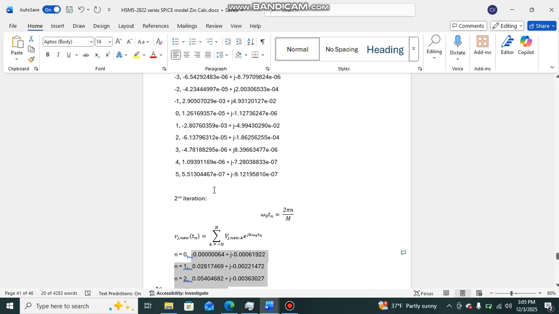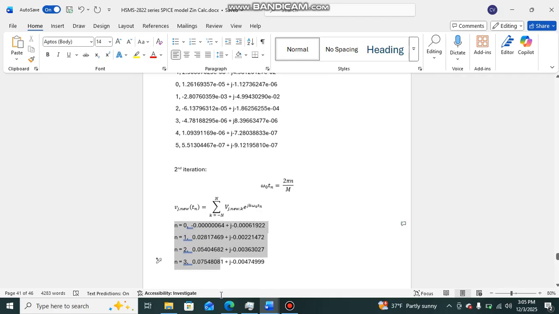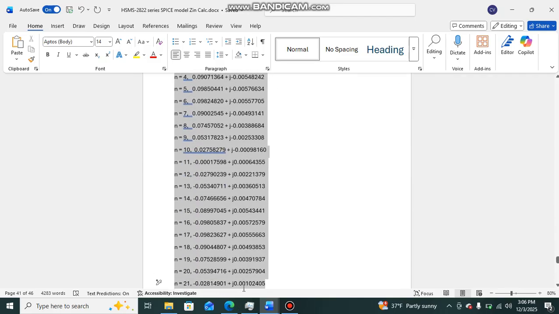Okay, these are the values we get from here. So you could plug in these values up here into this equation from -5 to 5, and we'll get our new junction voltage in the time domain down here from n equal to 0 all the way to 21.